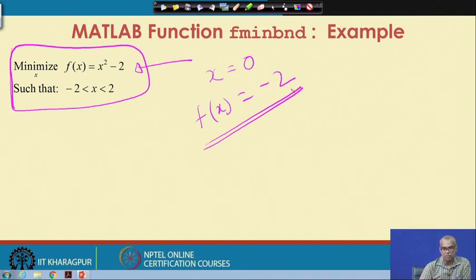Note that the function value cannot go below this, because x square is always a positive term. So, the minimum value will be minus 2 and that corresponds to the value of x equal to 0. So, let us see whether we get this solution using fminbnd.